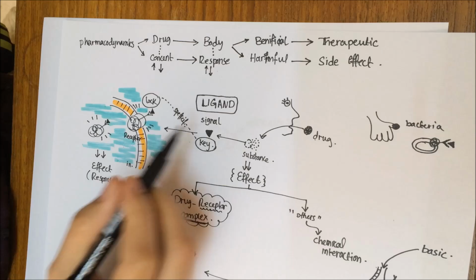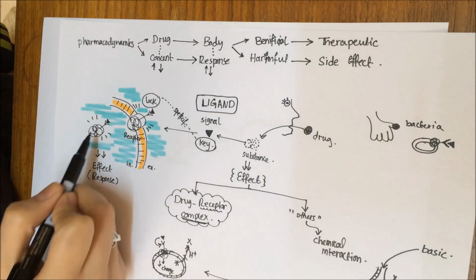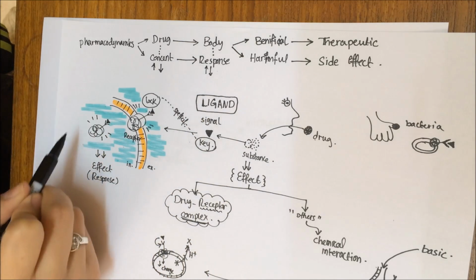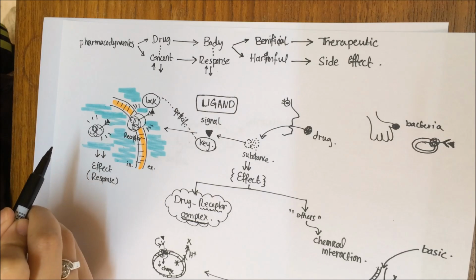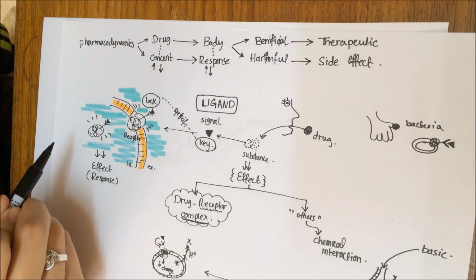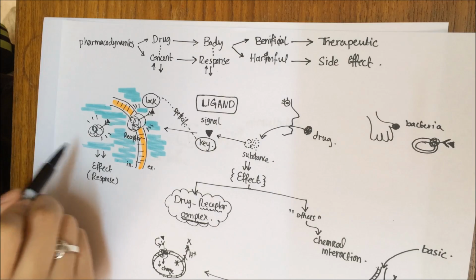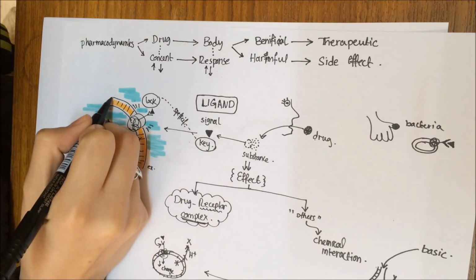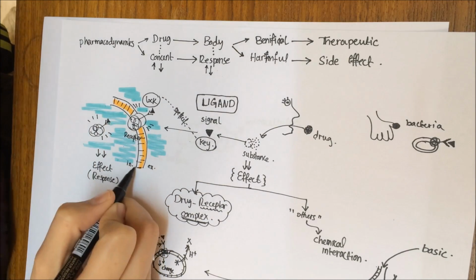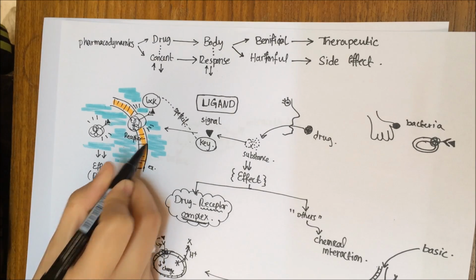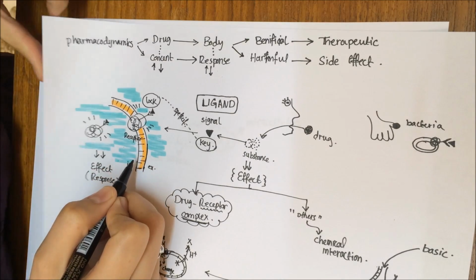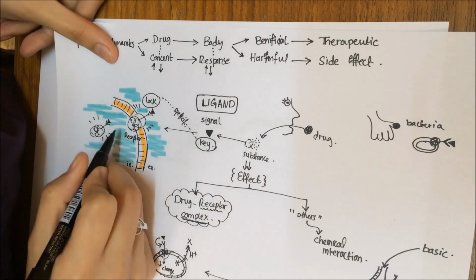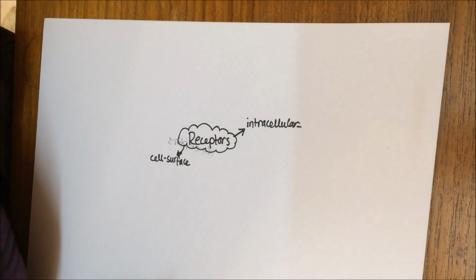For this ligand to cross to the inside of the cell to activate the intracellular receptor, there is a barrier. This barrier is the lipid bilayer membrane, a hydrophobic membrane.